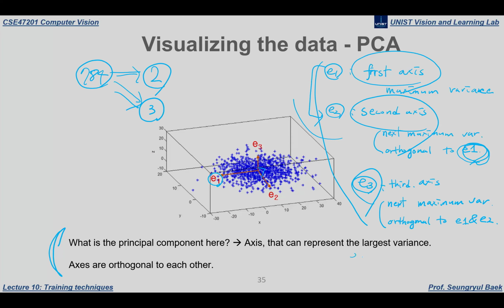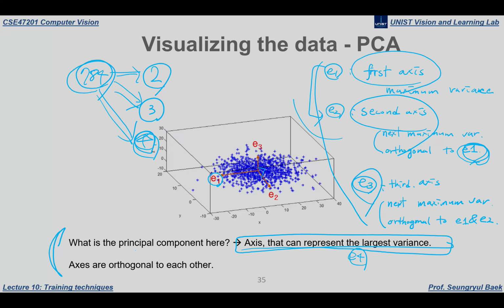And if you find one more axis and visualize the data, then you are using four axes, and it is mapping the raw features into a four-dimensional space. Are you guys understanding this? So the axis that can represent the largest variance is the principal component, and the axes have to be orthogonal to each other.